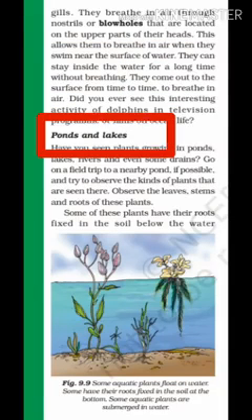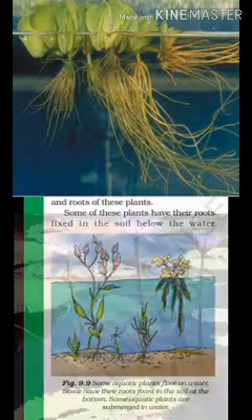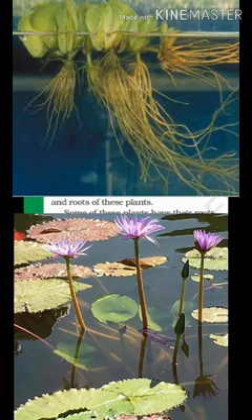Ponds and lakes are also a type of aquatic habitat. If you observe the roots and the stems of the plants growing there, you will find that they are very much different from those of terrestrial plants. In aquatic plants, roots are much reduced in size, and their main function is just to hold the plant in place.